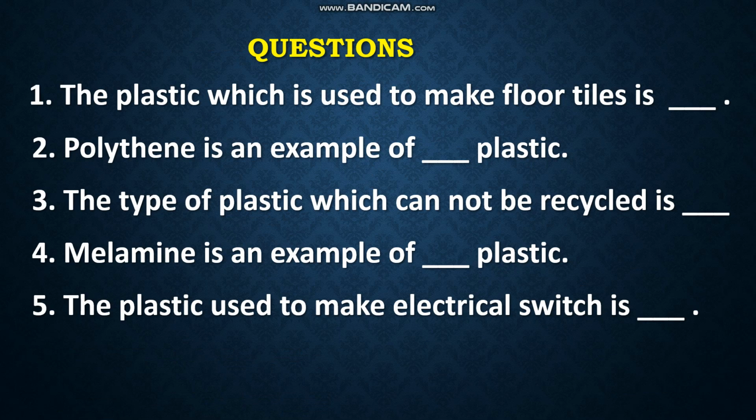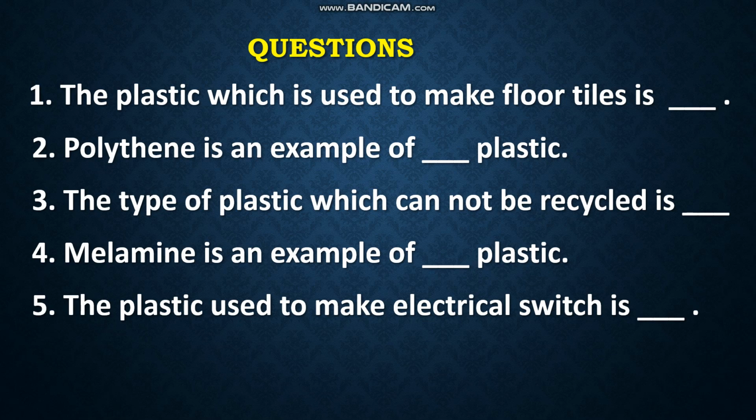Now I'll ask you a few questions. Try to answer. The plastic which is used to make floor tiles is. Listen to today's class carefully and try to answer these questions. The plastic which is used to make floor tiles is. Have you written the answer? Let us go to the next one. Polythene is an example of dash plastic. You have to write here whether it is thermoplastic or thermosetting plastic.